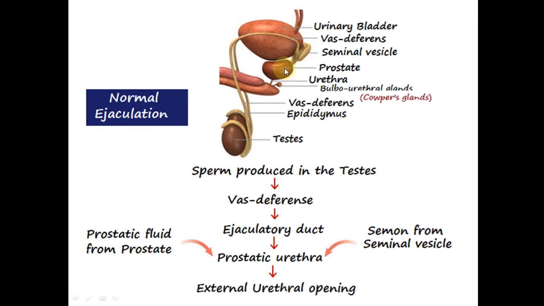And we know that the bulbourethral glands, also known as the Cowper glands, are also located on either side of the urethra, and they secrete mucus-rich fluid.